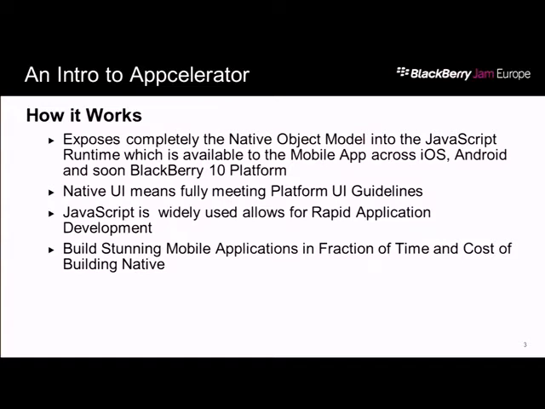Sometimes little or no code changes are needed to target the multiple platforms, depending on what sort of coding you're doing. The native UI is something that you get for free out of that, meaning that if you're developing for iOS, Android, or BlackBerry 10, your application is going to have a native look and feel to what the native development platform offers.